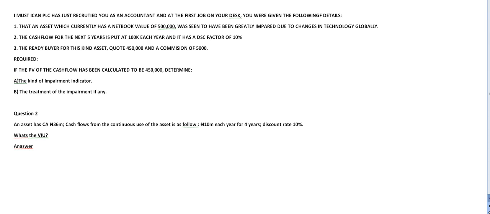The value in use is 31,698,000. Hold on. 1 plus R, go ahead. In bracket, power of minus N. I'm coming. 1 plus R. That's just the power N, all right? Yes.